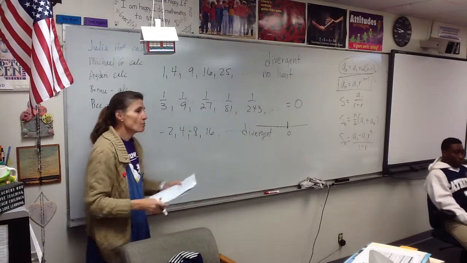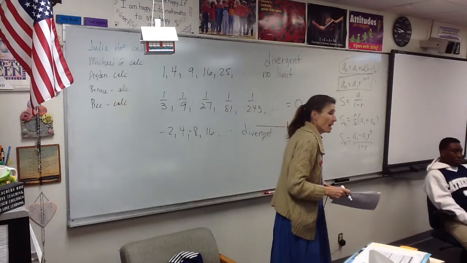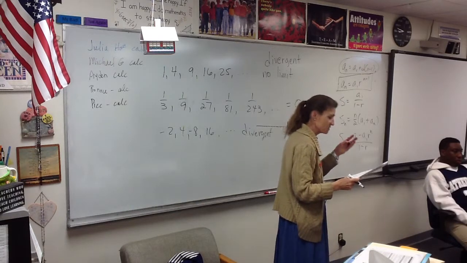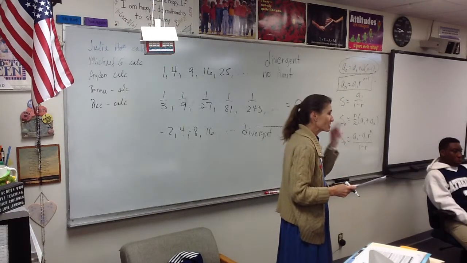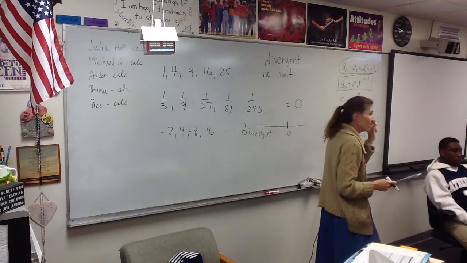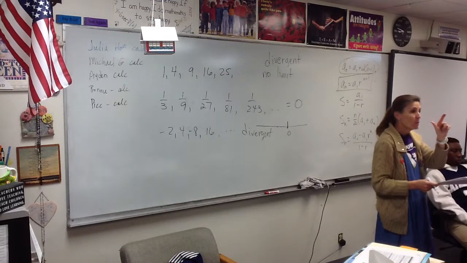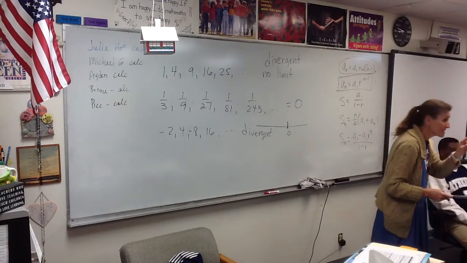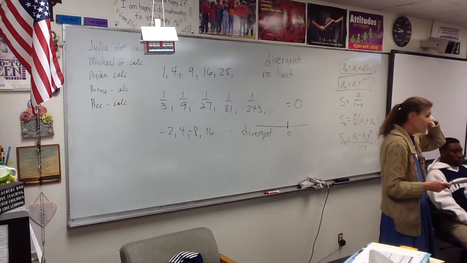Now, all the rest of the problems have fractions and n's and stuff involved in them, okay? We actually talked about this very concept months ago when we were graphing horizontal asymptotes. Do you remember horizontal asymptotes?